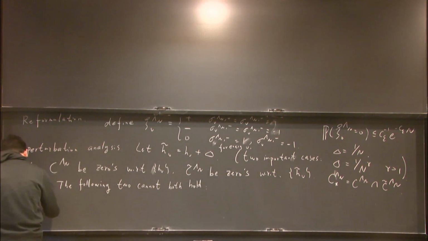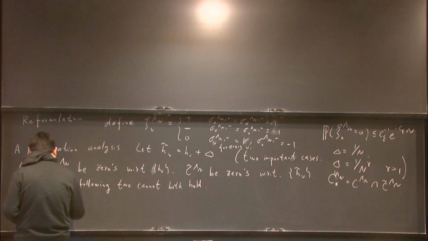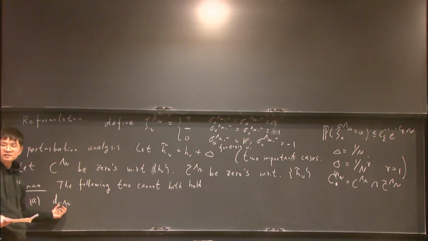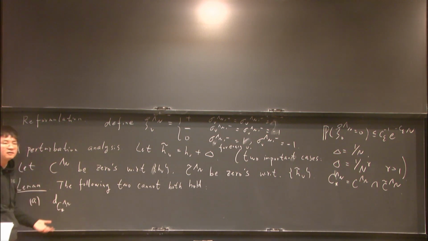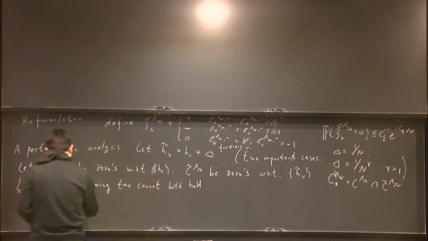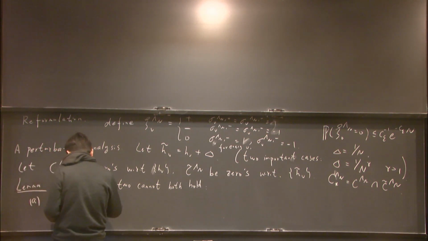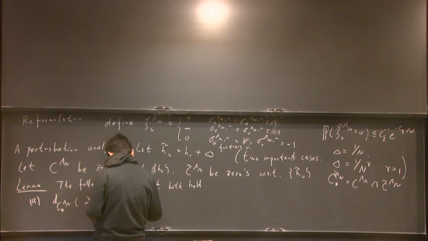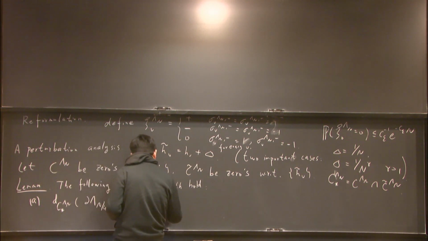A is that the d of C star lambda m, the intrinsic distance in the subgraph on the C stars, so consider the subgraph and look at the graph distance in that subgraph, the distance between the two boundaries is larger than k.